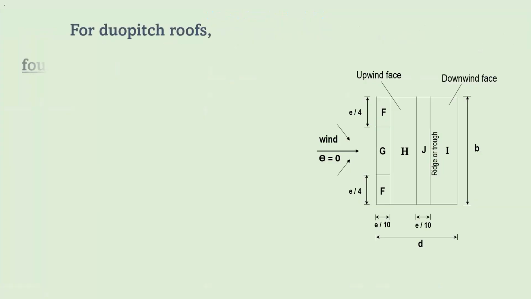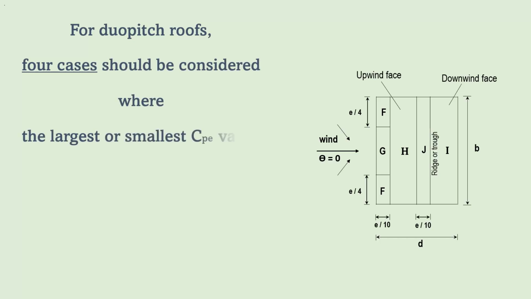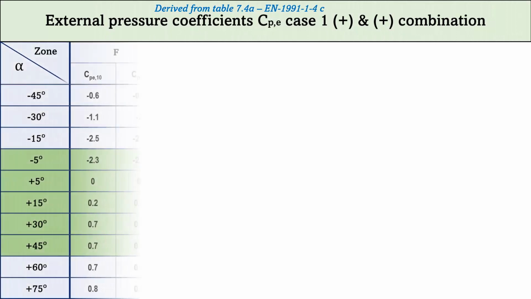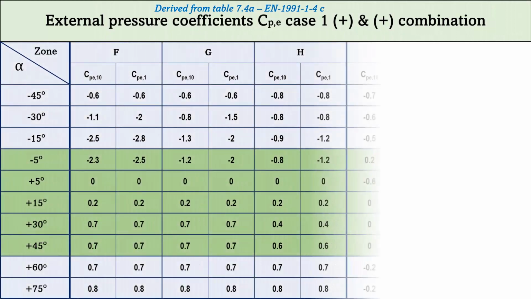For duopitch roofs, 4 cases should be considered where the largest or smallest CPE values of all areas F, G, and H are combined with the largest or smallest CPE values in areas I and J. Below are the external pressure coefficients CPE for case 1, plus and plus combination.